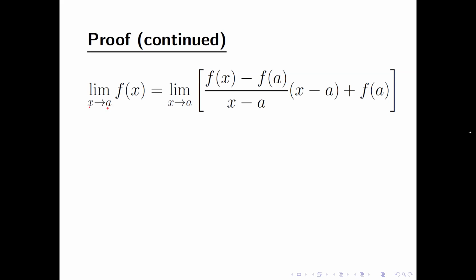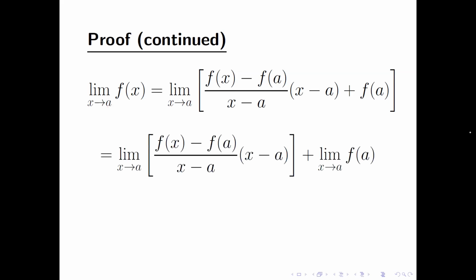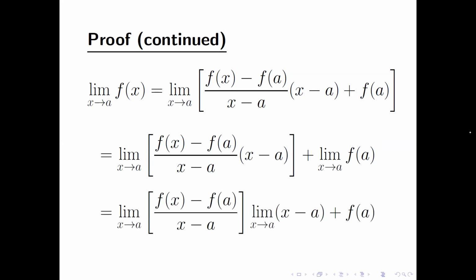And now I may apply the laws of limits. This is the sum law of limits. So I may take the limit of this plus the limit of this. This is not a miracle. Now I may again apply the product law of limits.